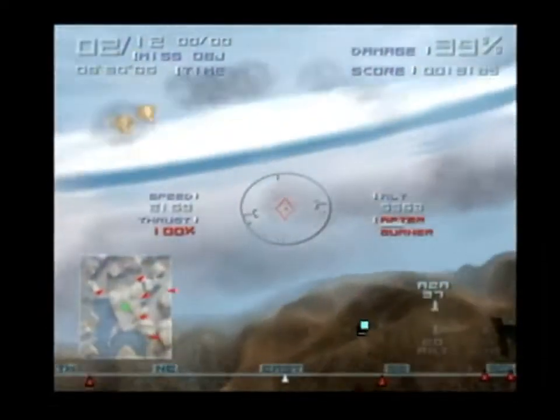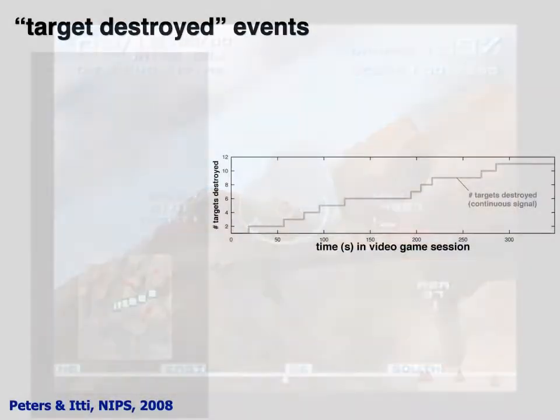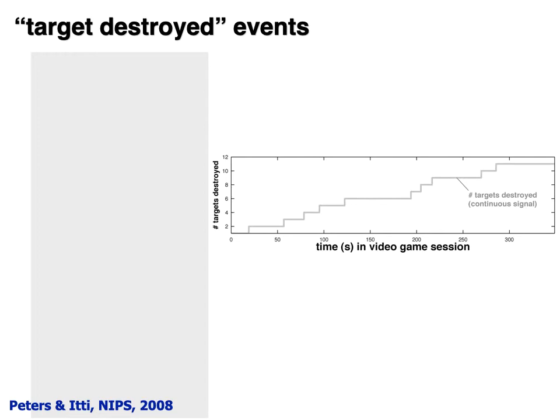So here you can see that the user just shot an airplane, and let's see whether we can actually predict when those events occur based on an analysis of the eye movements up to time t, and then predict whether one of those events is going to occur in the near future.